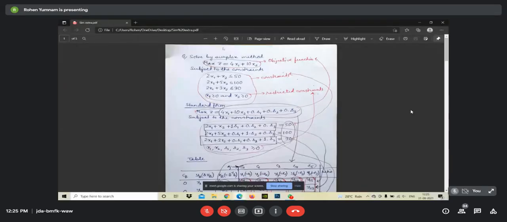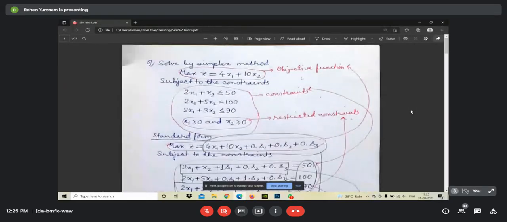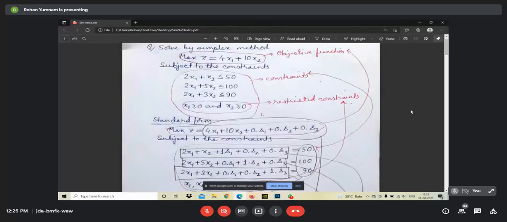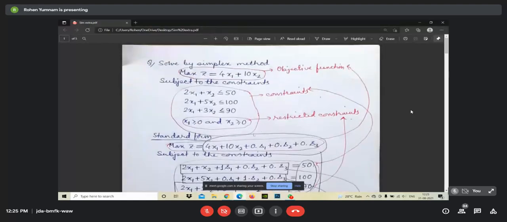Okay, let us see here. This is the simplex problem given to us.